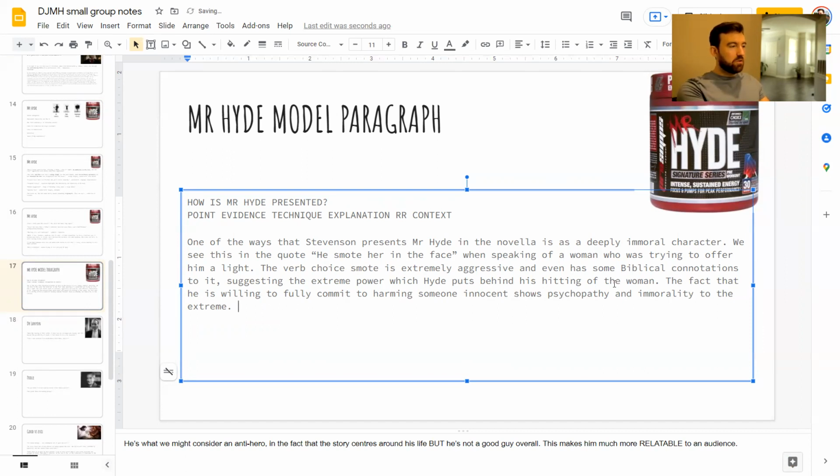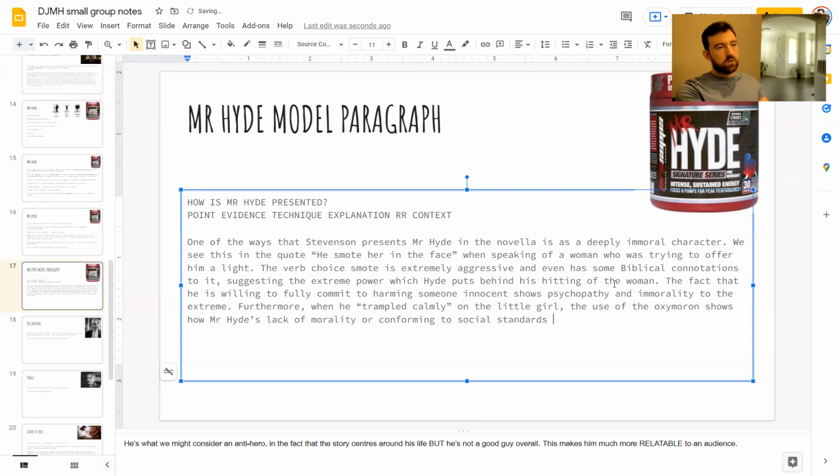So furthermore, when he "trampled calmly" on the little girl, the use of the oxymoron shows Mr. Hyde's lack of morality or conforming to social standards. It is obvious.